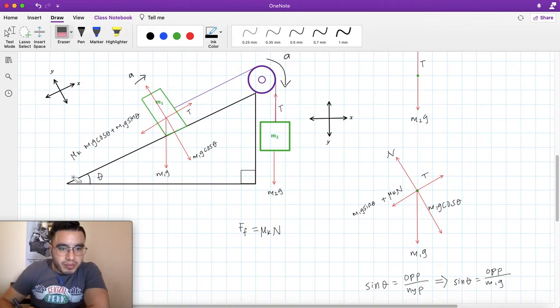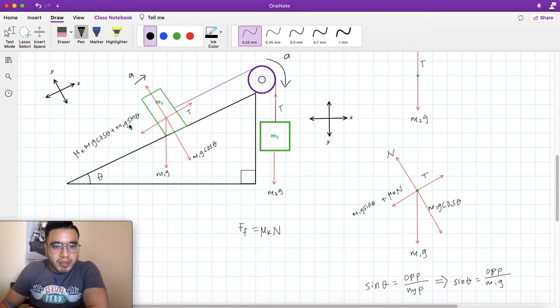So I have my kinetic friction plus the parallel component of gravity. I have tension, normal force, and to label this one, I have the weight of the object, tension, and weight of mass 2.